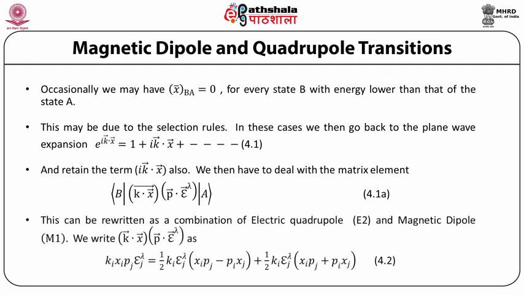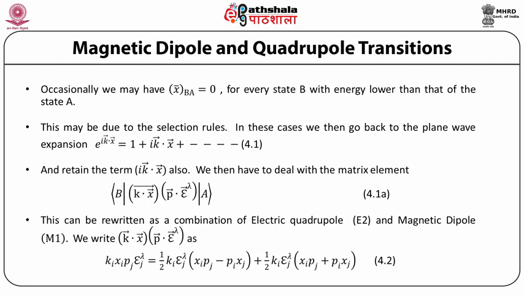This can be rewritten as a combination of electric quadrupole and magnetic dipole M1. We write k vector dot x vector into p vector dot epsilon lambda as k_i x_i p_j epsilon lambda j, which is equal to half of k_i epsilon lambda j multiplied by x_i p_j minus p_i x_j, plus half of k_i epsilon lambda j into x_i p_j plus p_i x_j.